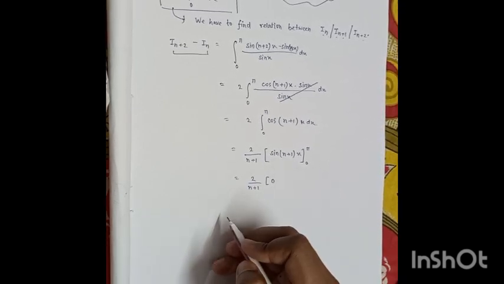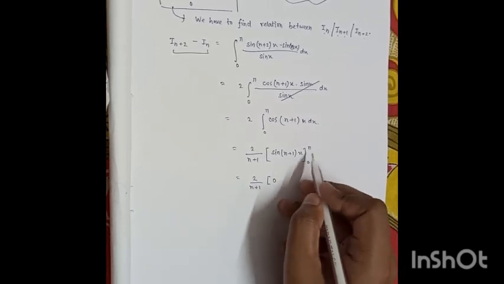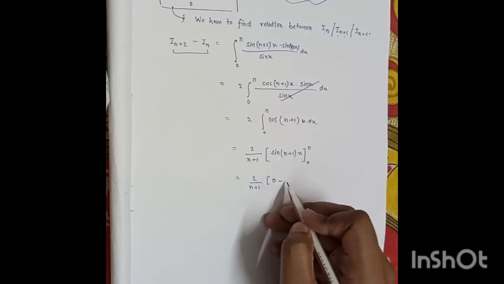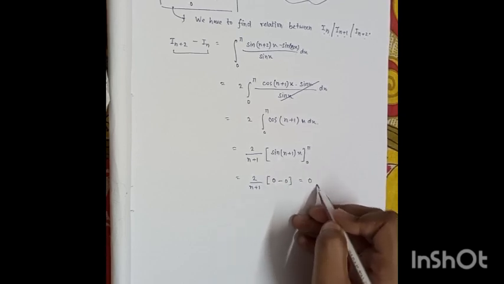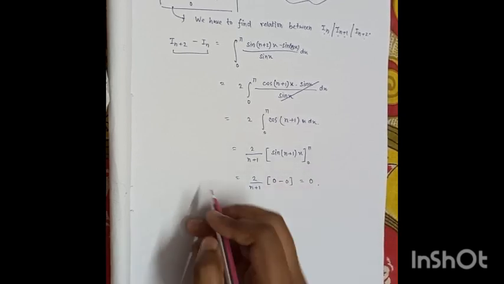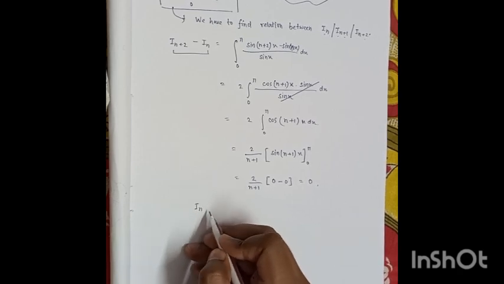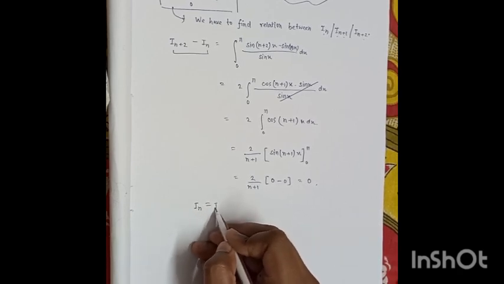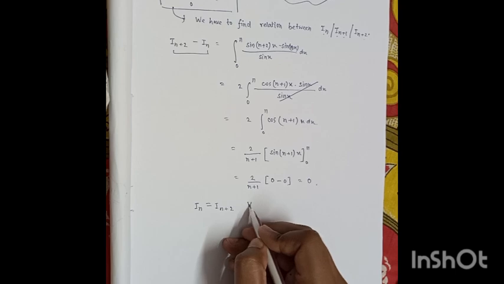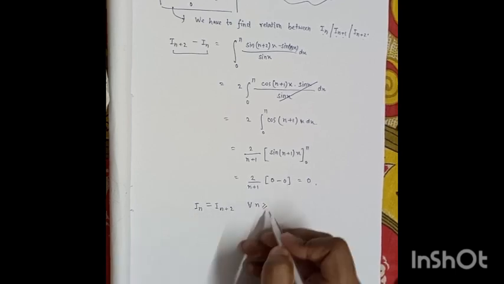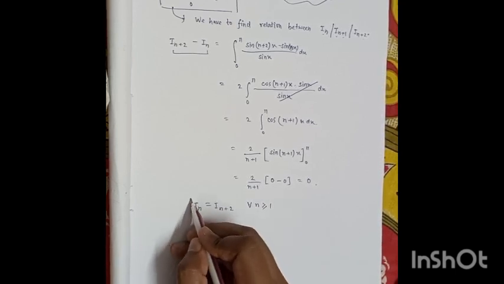So this will become 0 for all n, and sine of 0 is 0 also. So this is 0. That means we get In equal to In plus 2 for all n greater than or equal to 1.